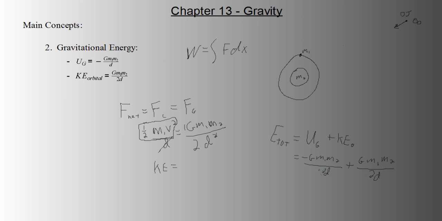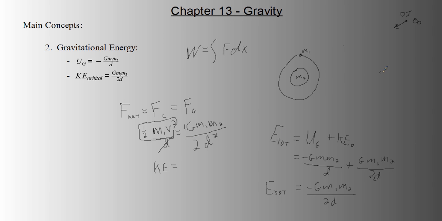So this is essentially like -1, and this is a positive half. So -1 plus a half is -1/2. That simplifies to negative G m1 m2 over 2d. So here's your -1/2. The total energy of an orbital system is this. Again, very closely related to both of these. That's pretty cool, and we'll use that in some problems.